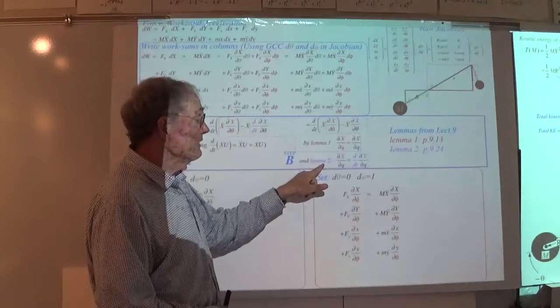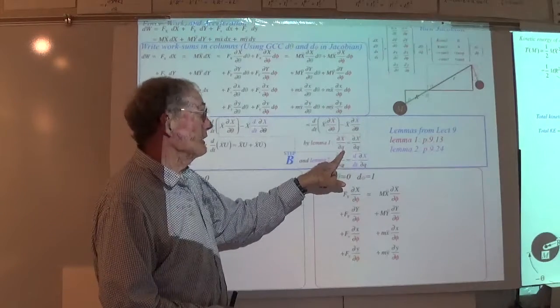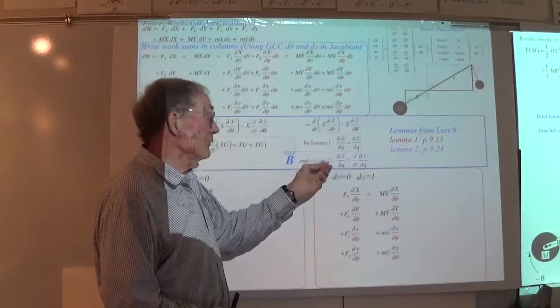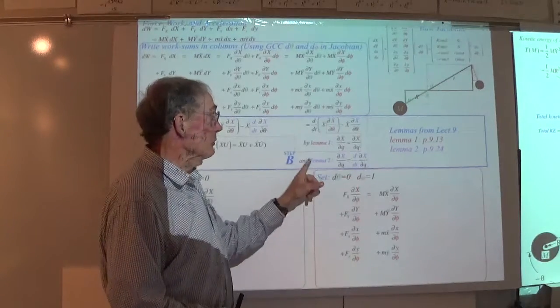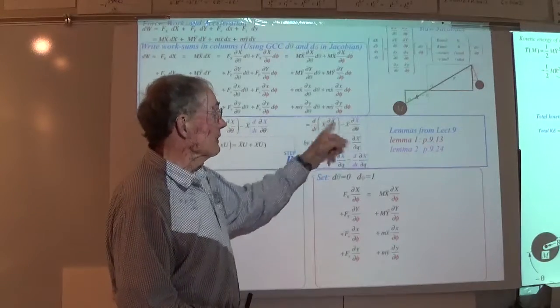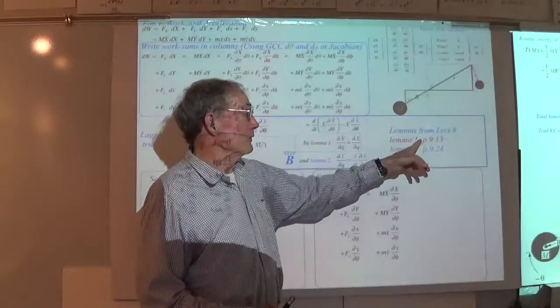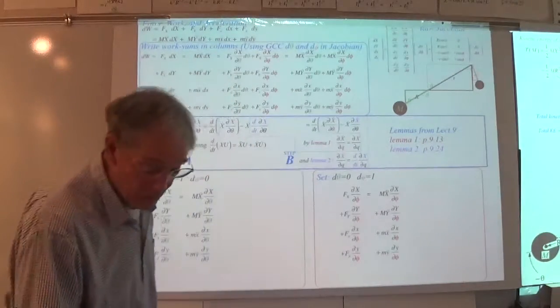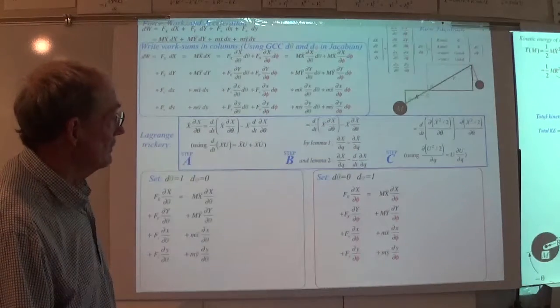And then lemma 2, that was a little harder to prove, but it was that if you had a partial of a velocity, a Cartesian, with respect to the queer coordinate, that was just a time derivative of that particular Jacobian component. So using these two, we can manipulate that thing. If you don't remember this, it's back in lecture 9, right at those pages there. Okay? So that's what we have to do now. We replace that stuff in there.